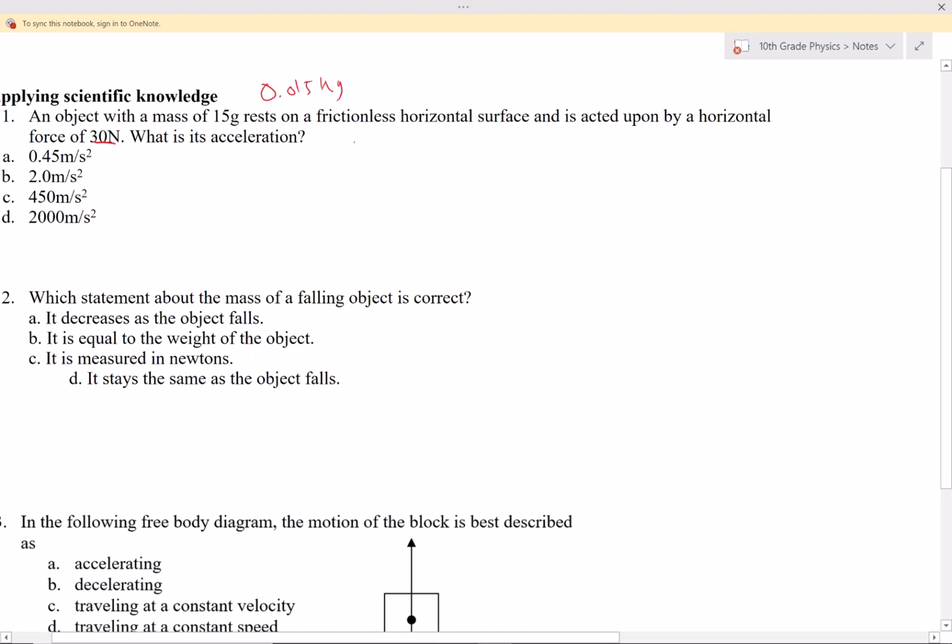So in this case, we need to use Newton's second law, which is force equals mass times acceleration. This is the mass, and this is the force, right? So we're going to put 30 newtons equals 0.015 kilograms times acceleration. We don't know acceleration. We could also go ahead and change this to kilogram meters per second squared.